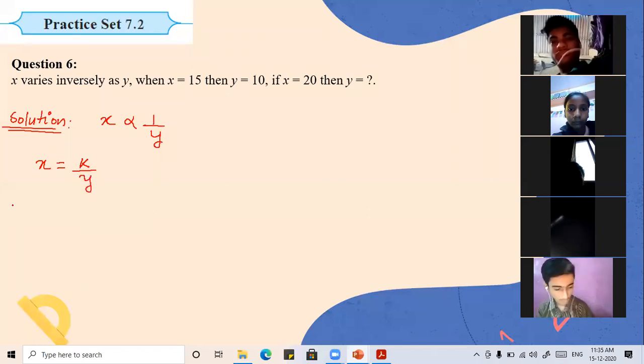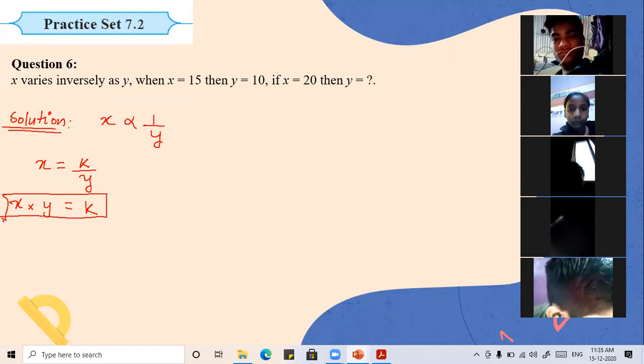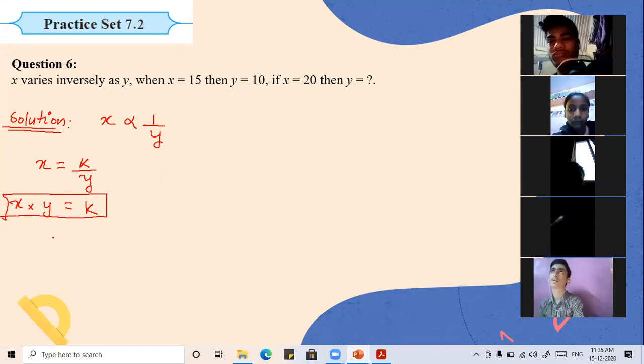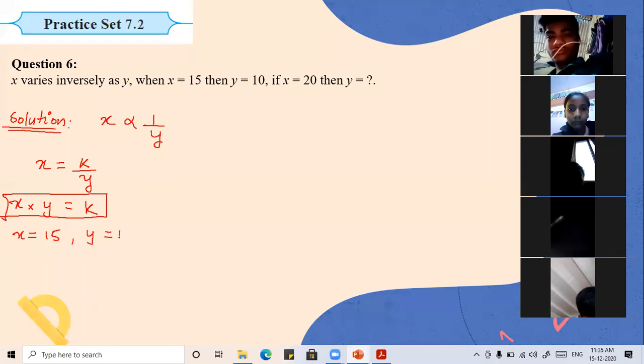After that, you take y on the other side, it will get multiplied. So x multiplied by y equal to k. This is my equation of variation. Now, in the question, it is given x is 15 and y is 10.